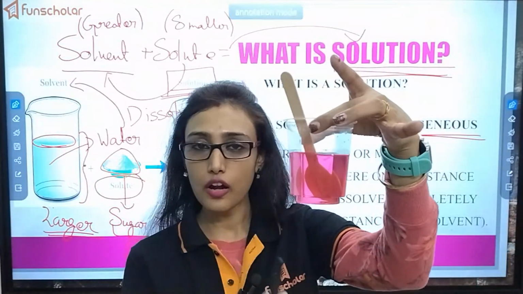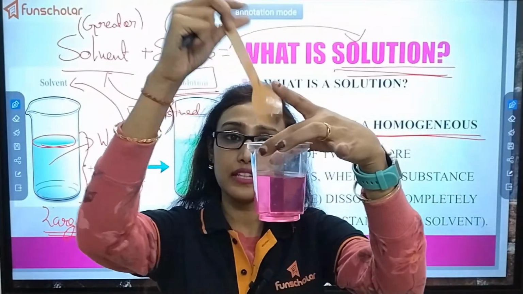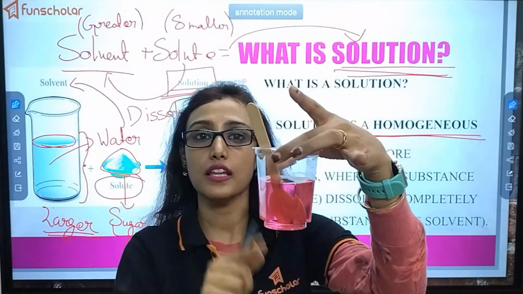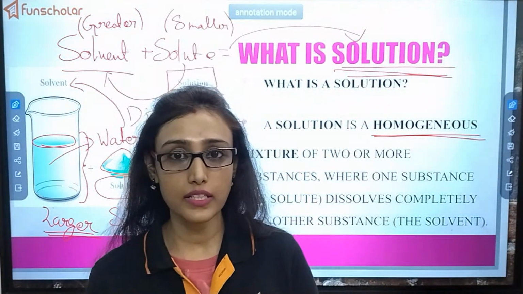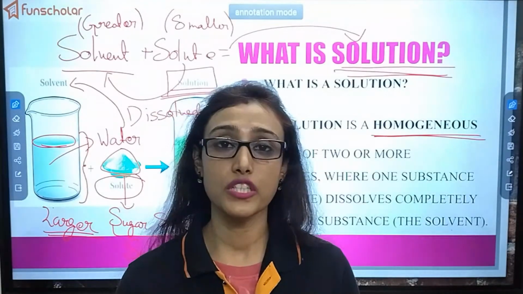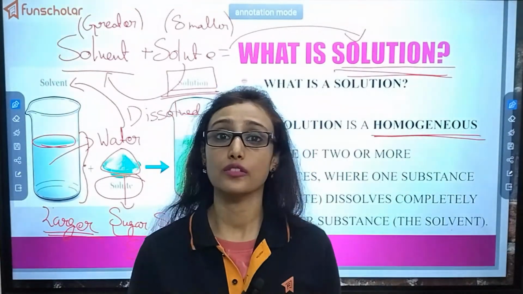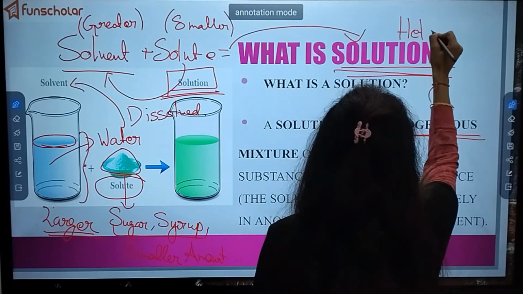Is it getting dissolved? No, it doesn't. So this will form what? Heterogeneous solution. If a substance gets dissolved in water or in solvent, then it is known as homogeneous. And if it doesn't, it is known as what? Heterogeneous.